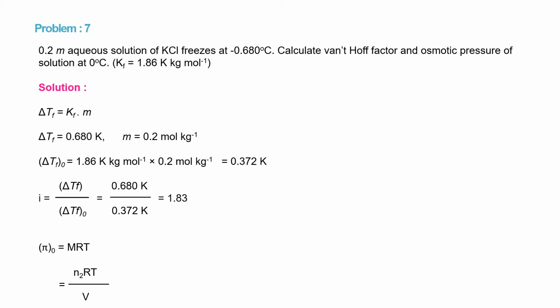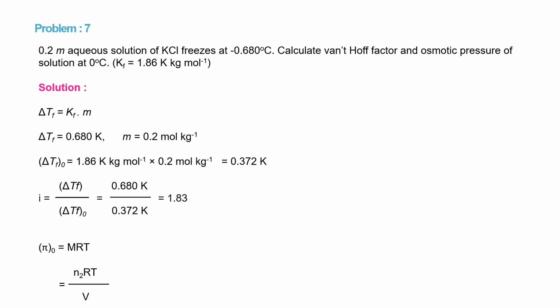That is colligative property observed divided by colligative property theoretically obtained. In this case delta Tf is equal to 0.680, that is the observed reading. But what is the calculated reading? That is 0.372.